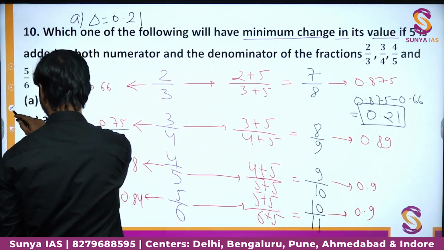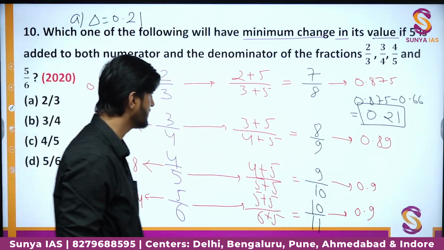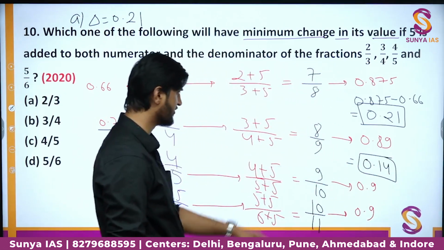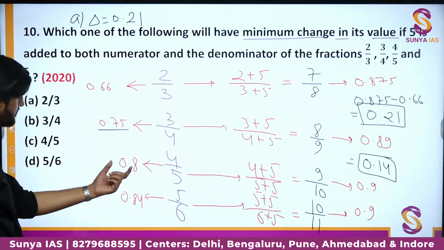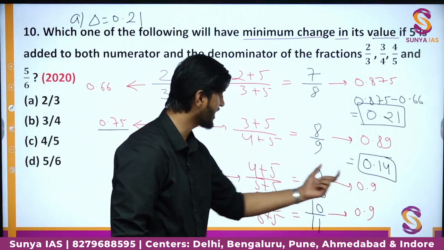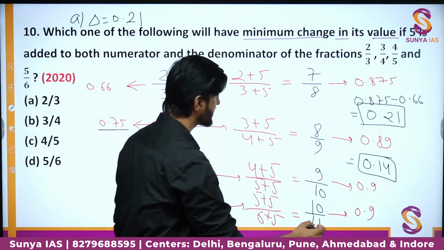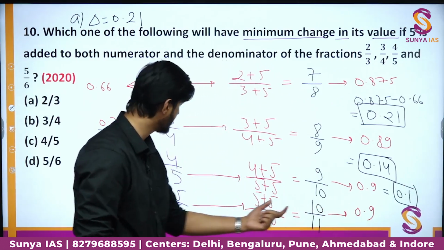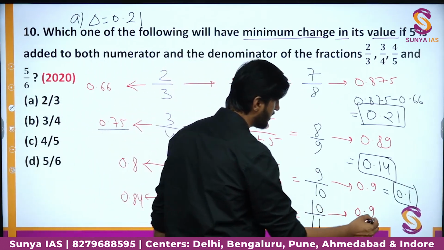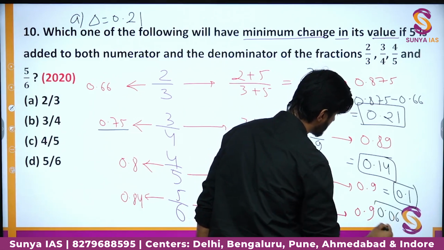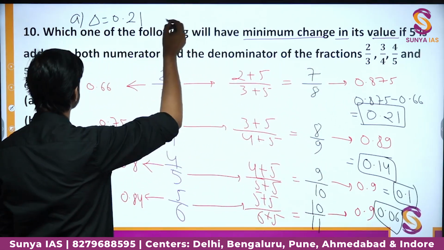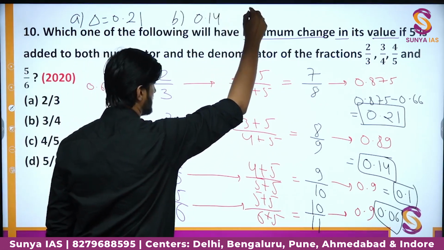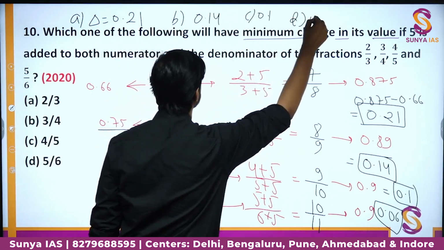So, when you take the subtraction, it will come out to be 0.14, I guess, right. I just mixed up the values. Here we will have 0.8, here we have 0.9. If we subtract 0.9 minus 0.8, we will get the value of roughly 0.1. And finally, here when you subtract 0.9 minus 0.84, you will get the value of roughly somewhere around 0.06. So, in all of the values, A is coming out to be 0.21, B is 0.14, C is 0.1, and D is coming out to be 0.06.